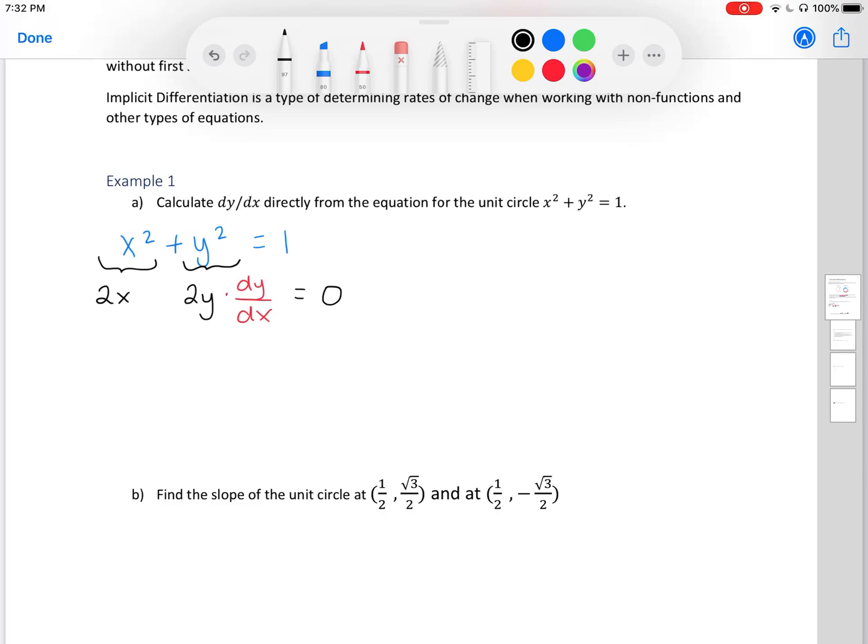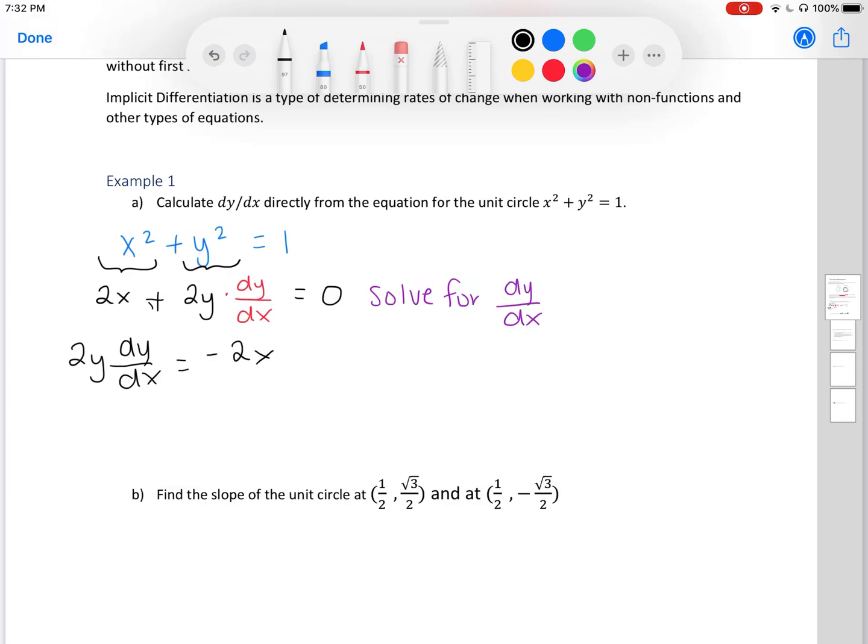Okay, next piece, we solve for dy/dx. This has a plus in between, so we go ahead and subtract 2x from both sides so that we have 2y dy/dx equals negative 2x.